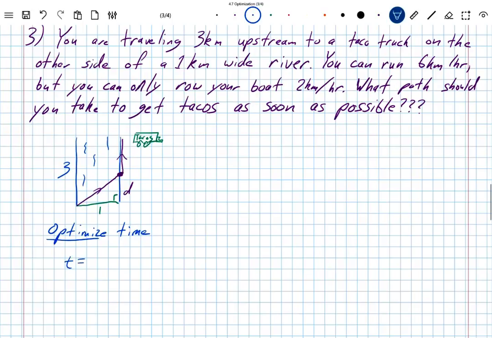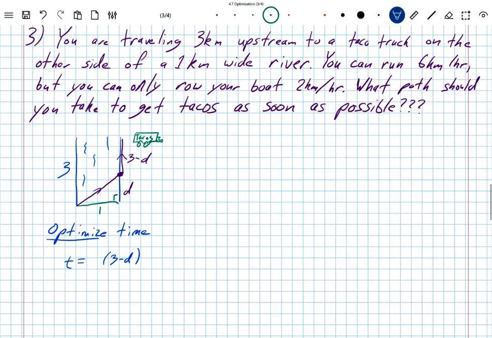So if that is d, then this thing up here is 3 minus d. So we're going to run for 3 minus d kilometers. So if I run for 3 minus d kilometers, how long will that take?